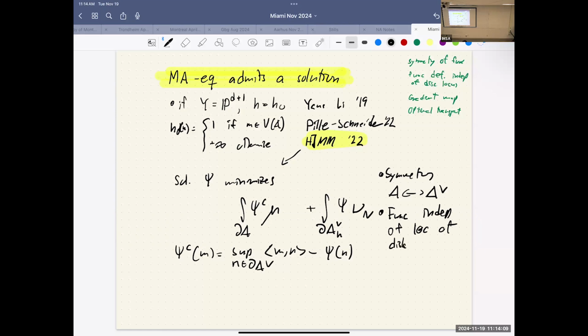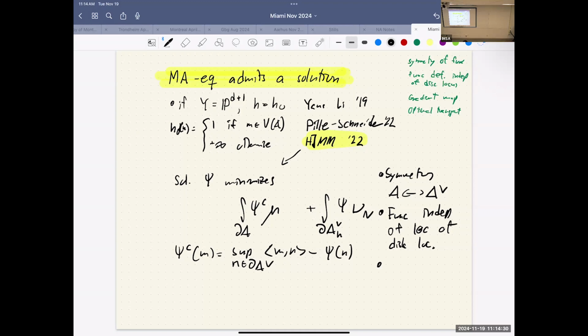This is somehow a way to solve this Monge-Ampère equation without first specifying where the singular locus should be. So hopefully then the location of the singular locus could actually emerge from this solution.